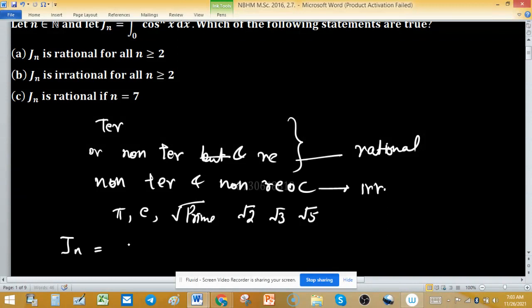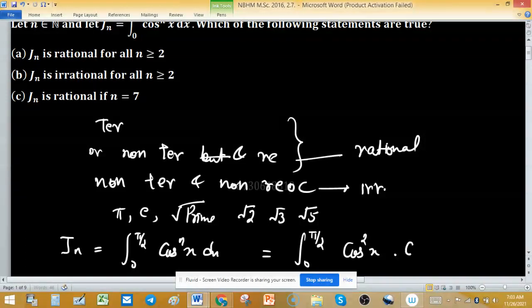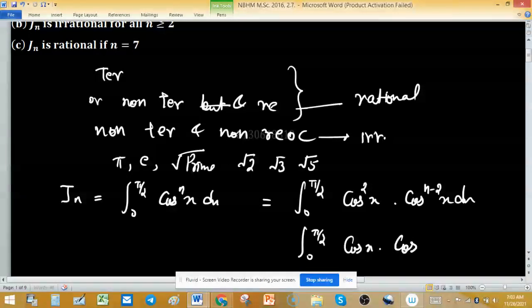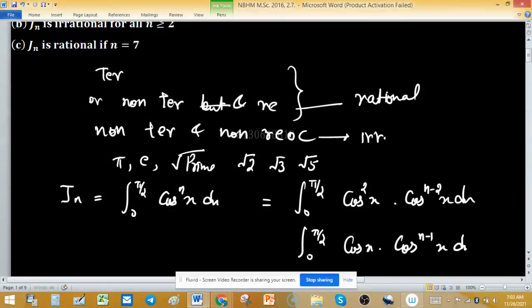Jn is defined as the integral from 0 to pi by 2 of cos^n x dx. You can resolve this cos^n x into a product of two functions. So this can be written as the integral from 0 to pi by 2 of cos^2 x into cos^(n-2) x dx, or the integral of cos x into cos^(n-1) x dx.